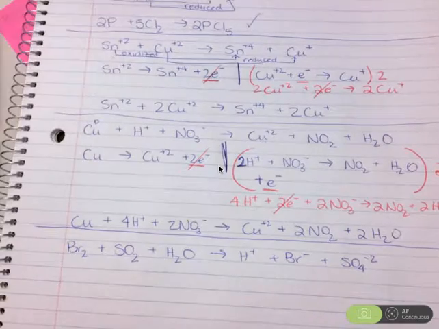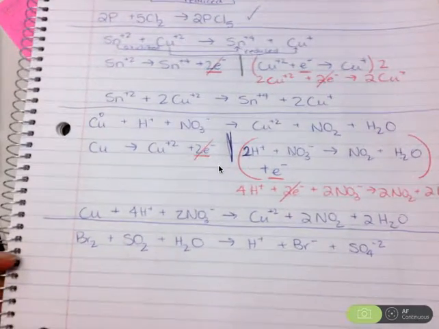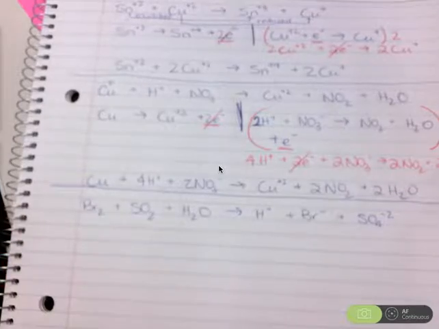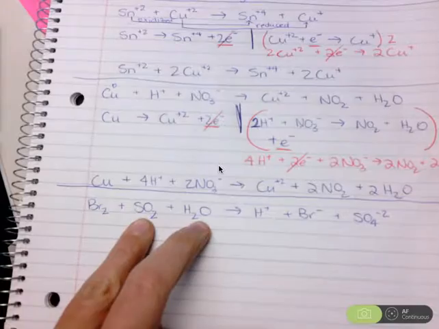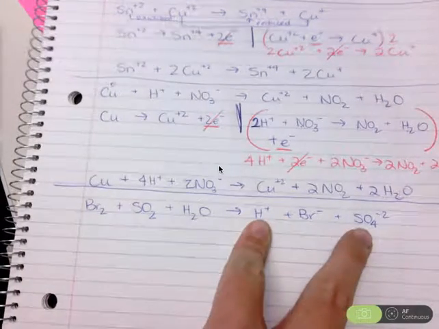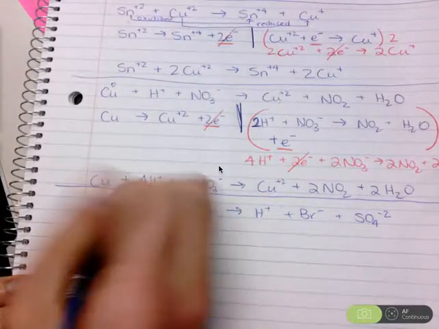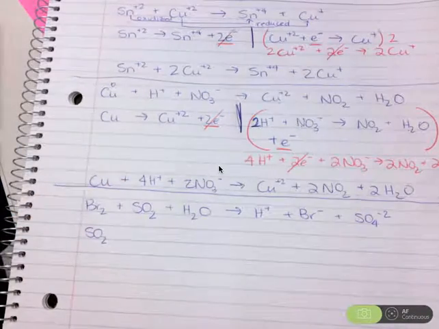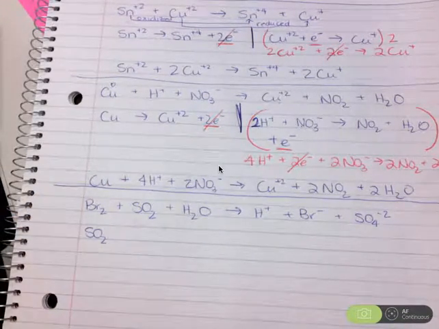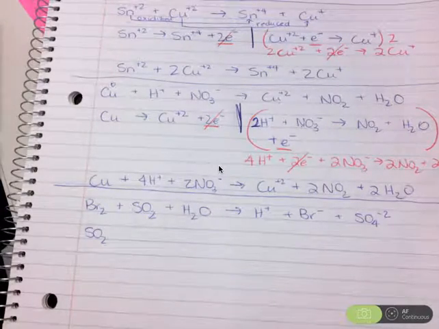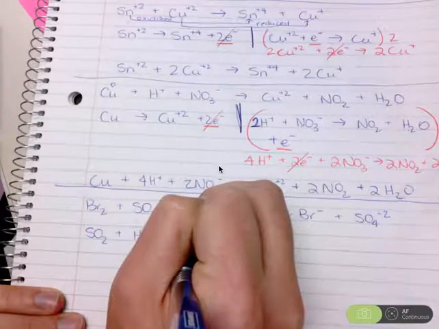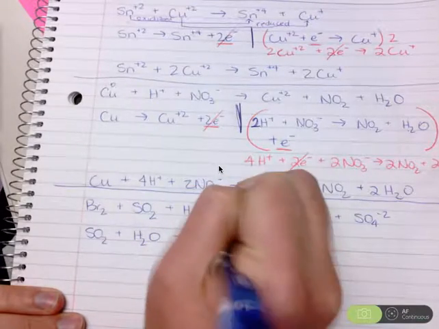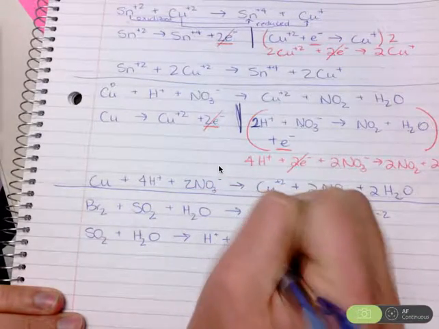I'm going to have 2 half reactions. My first half reaction is going to be the oxidation with the SO2, water, and then my hydrogen ion and my sulfate ion. So SO2 plus H2O are going to yield H+ and SO4 2-.